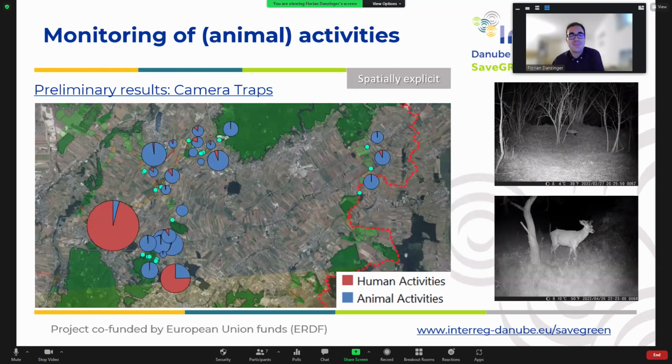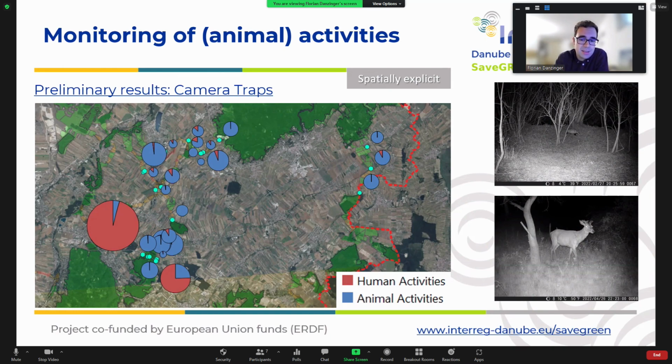So quite funny, but now we are getting more serious, and I would now like to show you some spatially explicit results. So, of course, all these diagrams could also be produced site-specific.